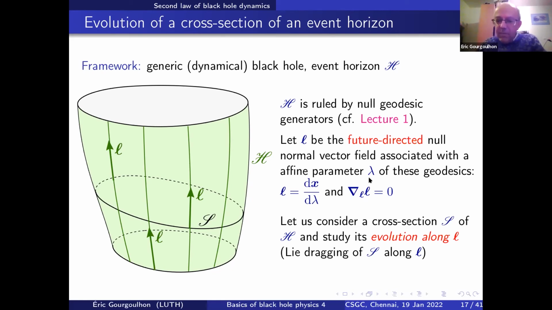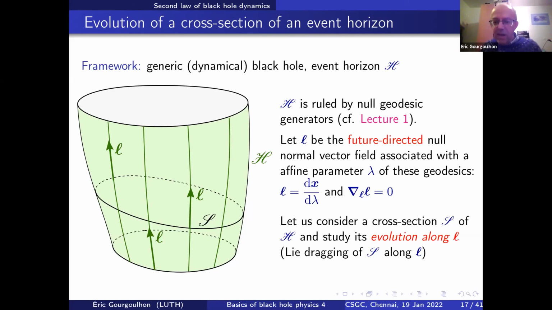And we call lambda the affine parameter associated to the null normal, assuming that this null normal is geodesic. I mean, it is a null normal which is chosen such that we have a zero here. In general, we have kappa L, where kappa is a non-infinite parameter, but we have a freedom to rescale L so that kappa is zero, and so that we can choose an affine parameter like this. I'm not saying that kappa, the surface gravity of a pure black hole, is always zero.